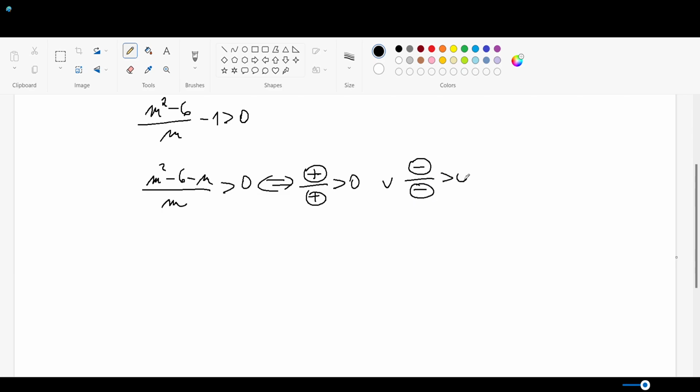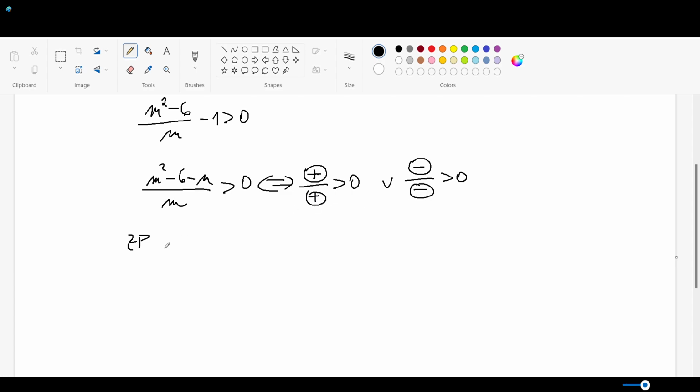In this case it would again be a positive number. So having this in mind, we are going to find zero points, because we want to find where our quadratic function is positive or negative, and then also whether the denominator is positive or negative.